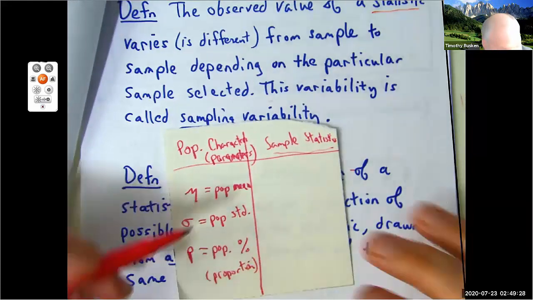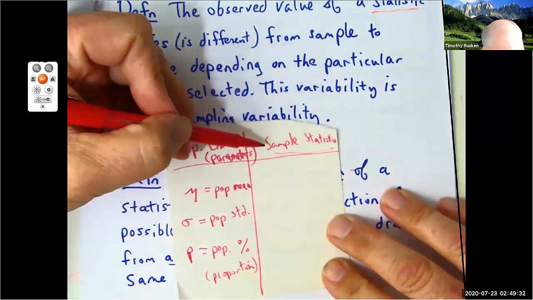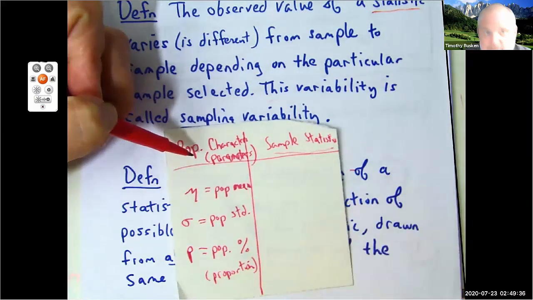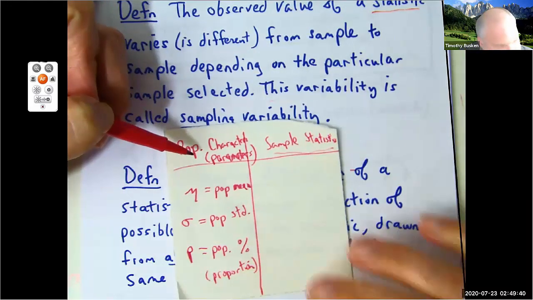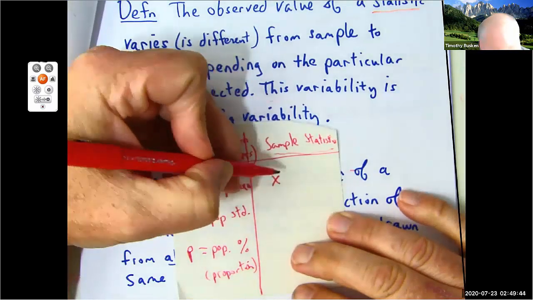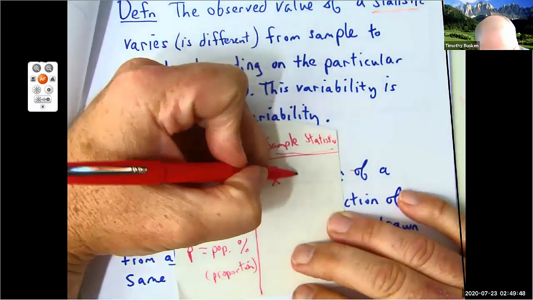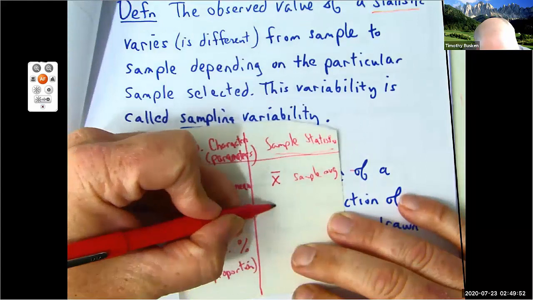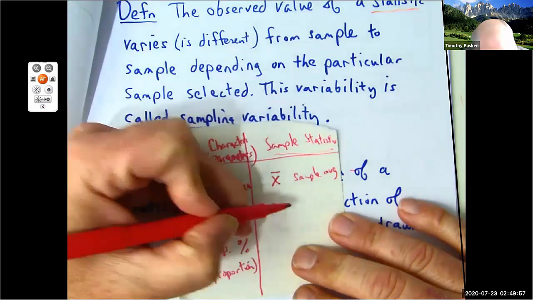And we're going to use these symbols for those, but whenever you take a sample from the population, remember that's a subset of the population. If you find the average of the sample, that's going to give you some number x bar, a sample statistic. And if you get a standard deviation of the sample, that's going to be some value s.